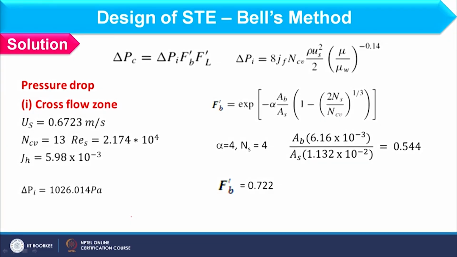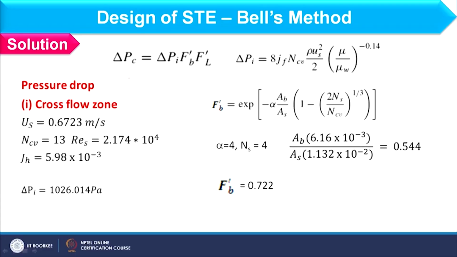Now, we should quickly cover pressure drop on the shell side, okay. As you know, we should consider the pressure drop in the cross flow zone, window zone and end zone separately. So, let us start with the cross flow zone. This is the expression for pressure drop in the cross flow zone, and delta Pi is the pressure drop in the ideal tube bank, which you can calculate using this equation.